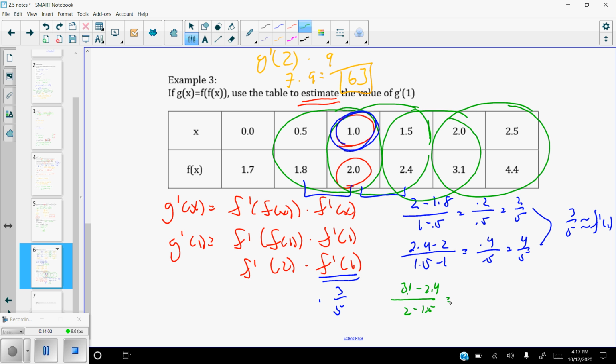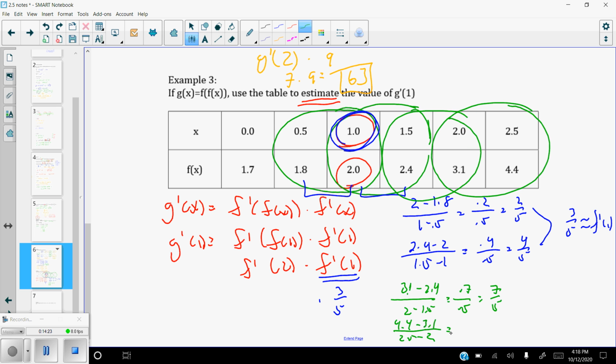So let's see, 3.1 minus 2.4 is 0.7 over 0.5, which is 7/5. And then we'll do the second one, which is 4.4 minus 3.1 over 2.5 minus 2.